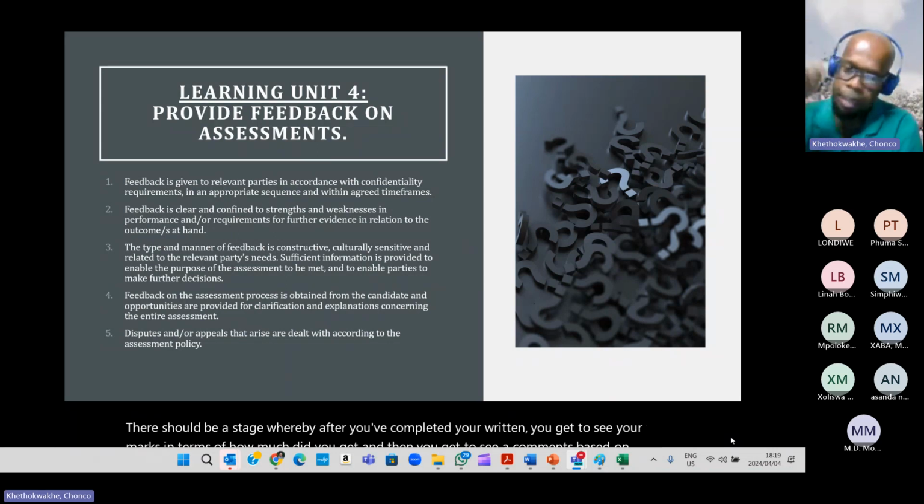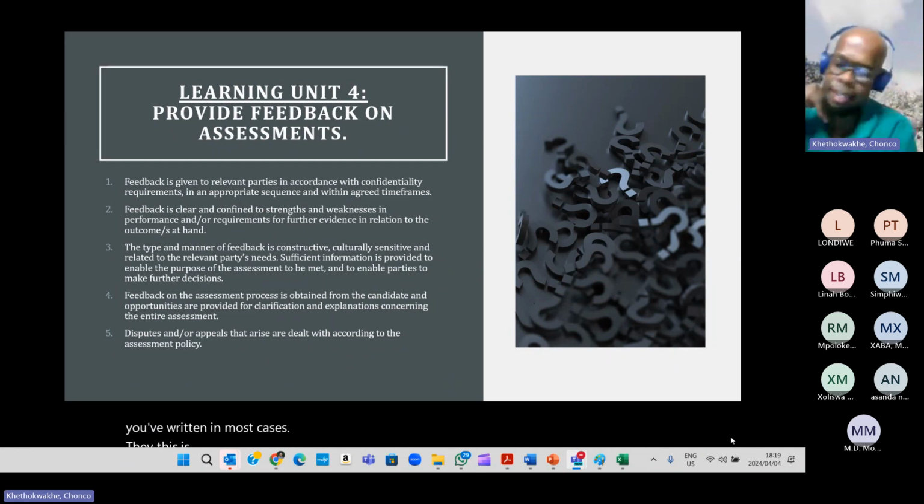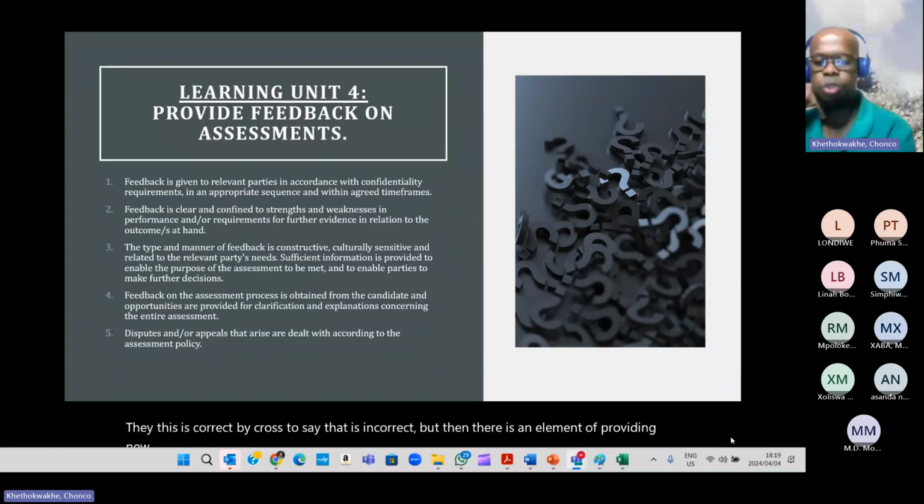In most cases, we see a tick to say this is correct, a cross to say that is incorrect. But then there is an element of providing you detailed information as a student or as a candidate to ensure that you understand what that cross means.